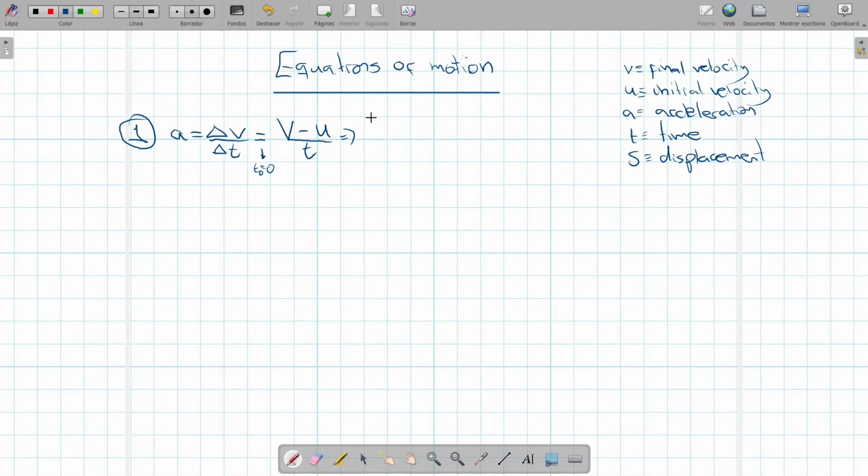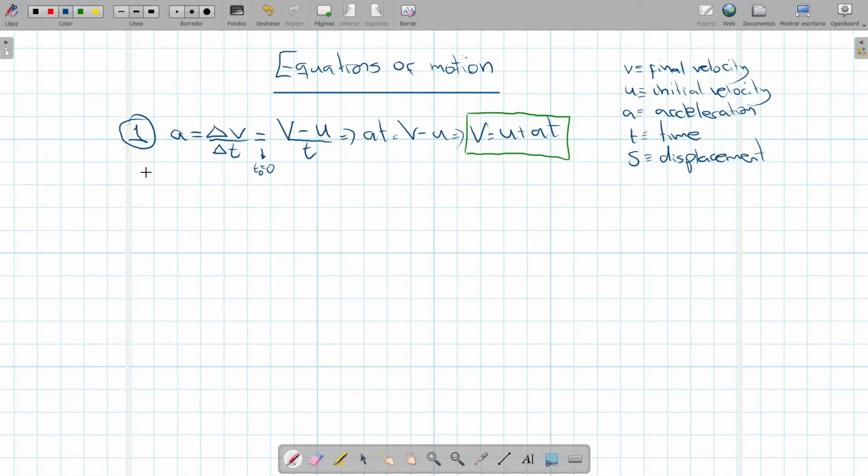So basically we can rearrange this by doing at equals v minus u, and then keeping v as the subject of the formula, we obtain this first equation of motion that gives us the value of the final velocity depending on the initial velocity, acceleration, and time.